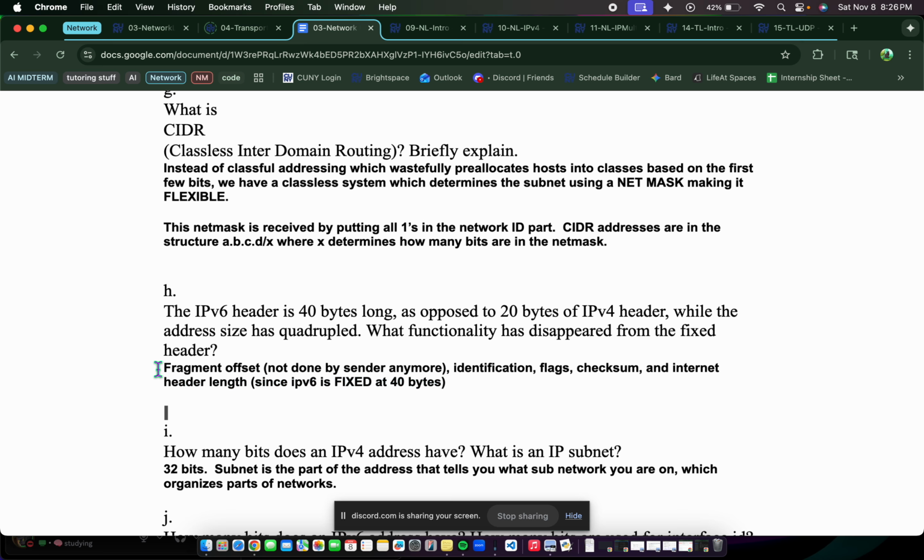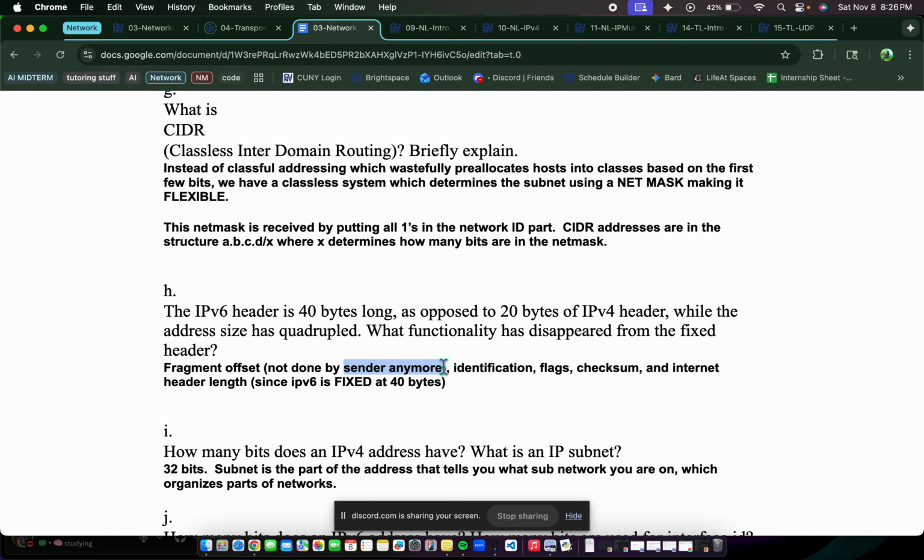As for other stuff, fragment offset. When we were doing fragmentation, which is going to be in some other questions we're going to be doing, it tells us what the fragmentation offset would be. Because of that, the sender is not going to be doing the fragmentation anymore.